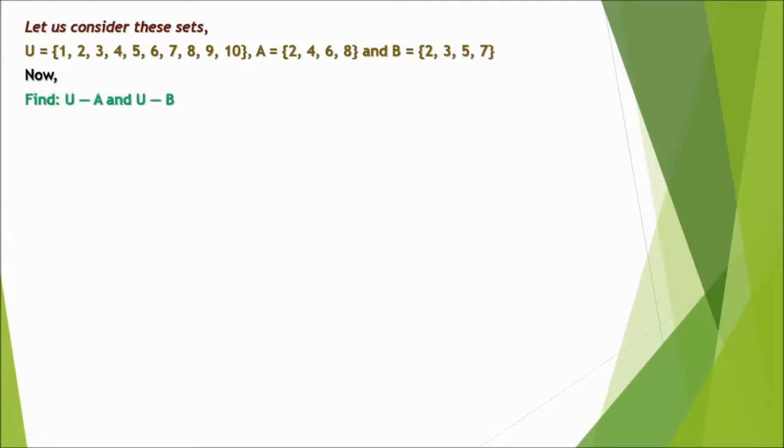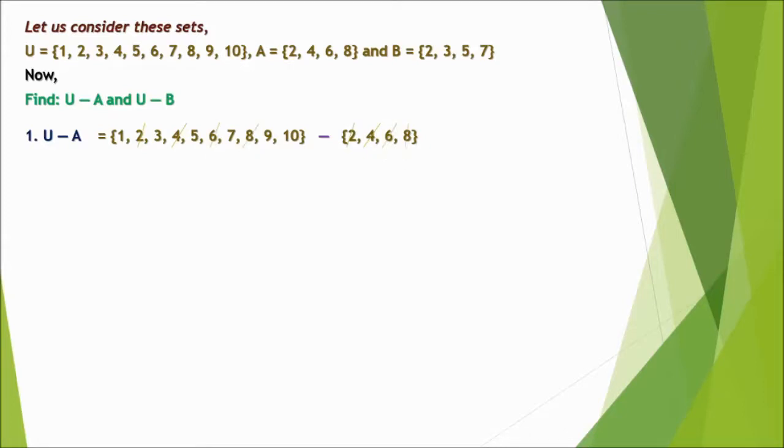So what we are going to do now is find U difference A, and let's find U difference B also, as we know how to find the difference, isn't it? So first one, U is written, the difference operator is there, and set A is written. Now let's cancel those common elements, as we have already learned it. So 2 is cancelled, and 4 is also cancelled, and 6 is also cancelled, and 8 is also cancelled.